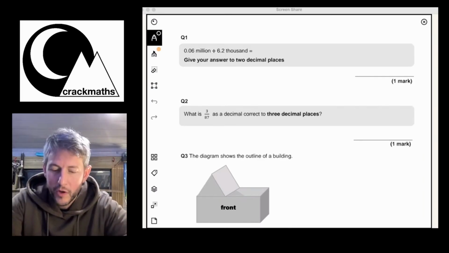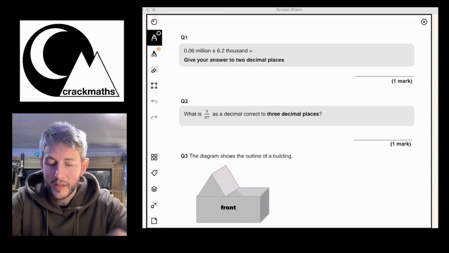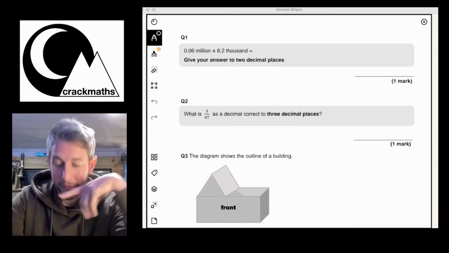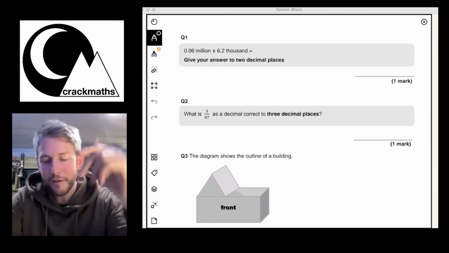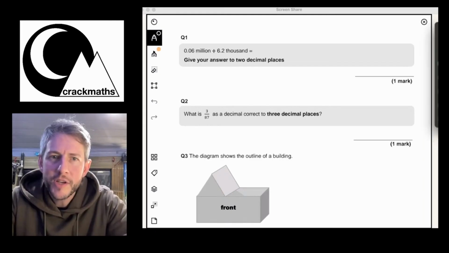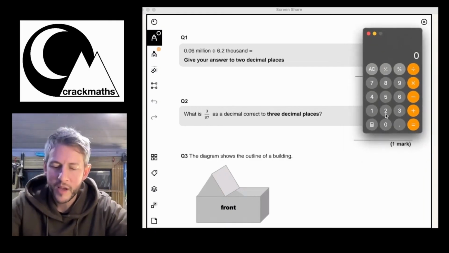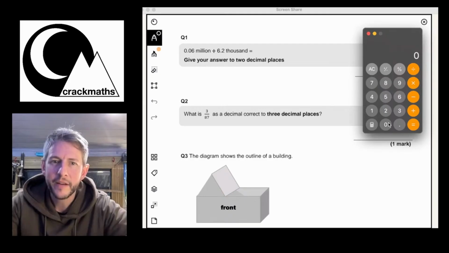Question 1. 0.06 million divided by 6.2 thousand. Okay, fine. Let's just work these out. I'm going to turn these into normal numbers now. 0.06 million is 0.06 times 1 million. 1 million is 1 with 6 zeros.